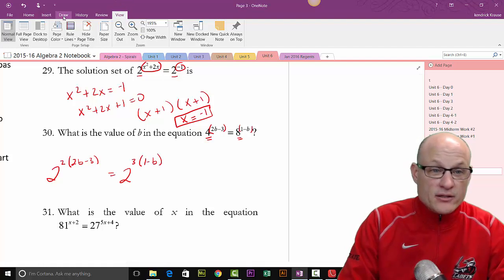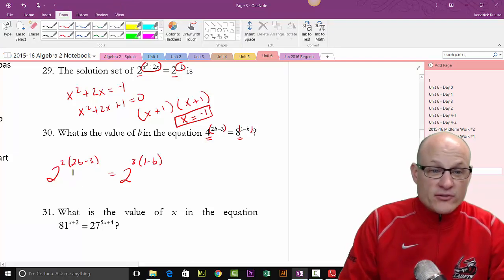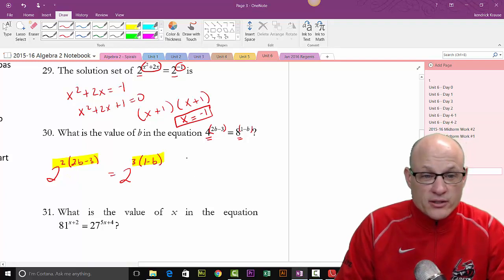Well, now that the bases are the same, we just set the two exponents equal to each other. So we get 4b minus 6 equals 3 minus 3b, or 7b equals 9, or b equals 9 over 7.